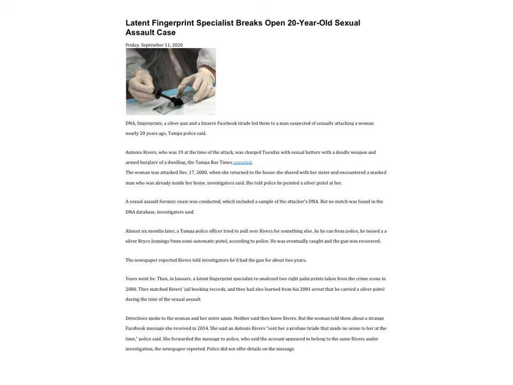And then there's one from 2020 that uses latent fingerprints, which we talked about, to help break open that 20-year-old sexual assault case. So both are really good examples of how forensic scientists use fingerprints in solving their crimes. Both of those you want to read through and then answer some questions. That one is not too long either.